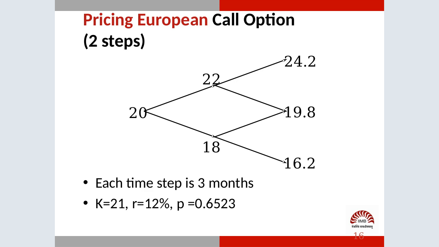I will have to live with it. My payoffs will only happen at time point 2, when the asset price reaches 24.2, 19.8 or 16.2. There can be no payoffs when the price goes to 22 or 18. That is the logic of a European option.